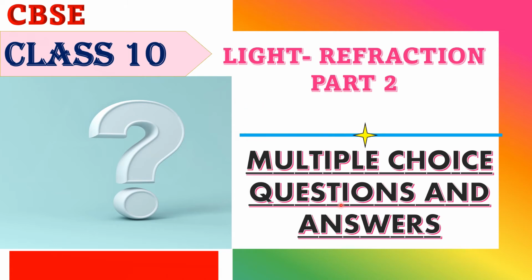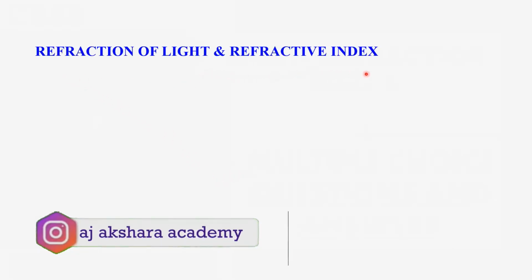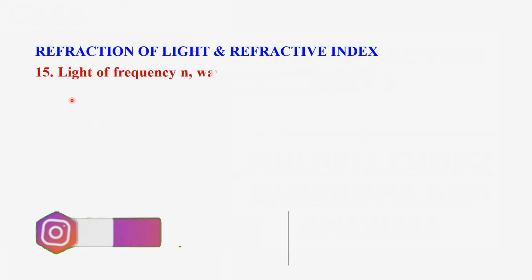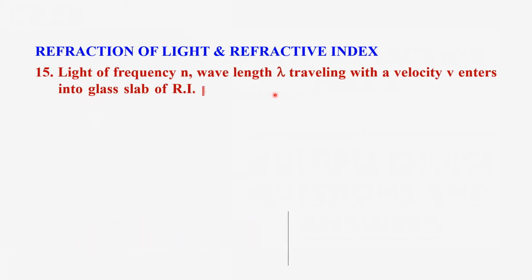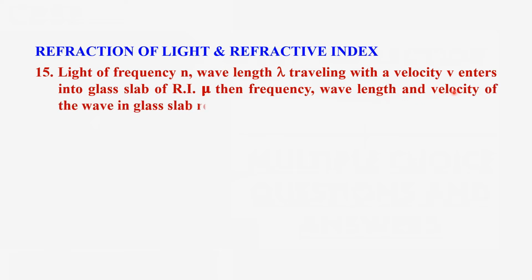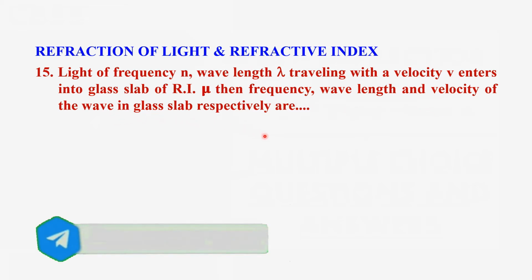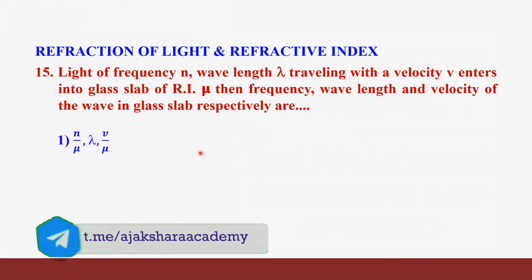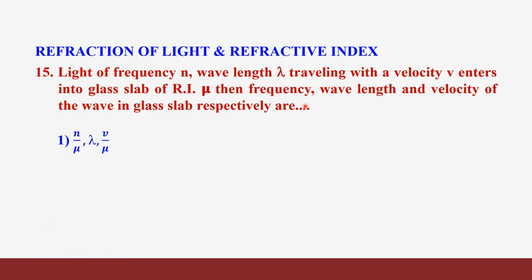Okay, let us go to today's session. First one. Refraction of light and refractive index. Light of frequency n, wavelength lambda travelling with a velocity v enters into a glass slab of refractive index mu.